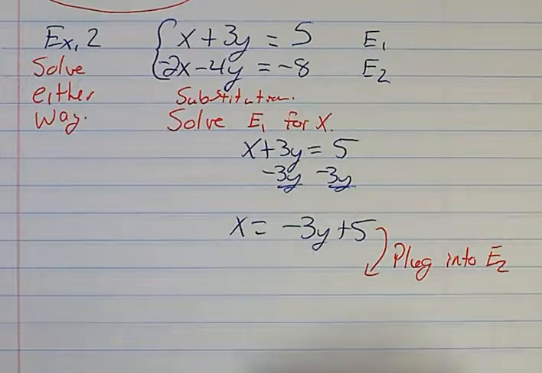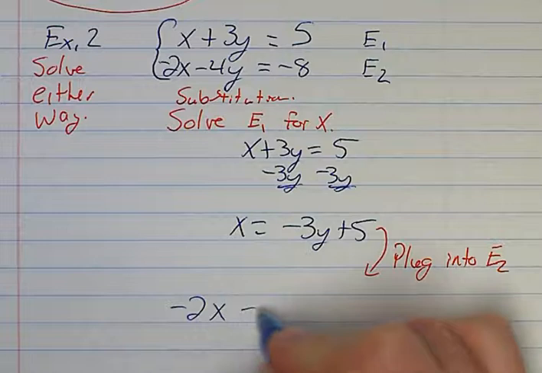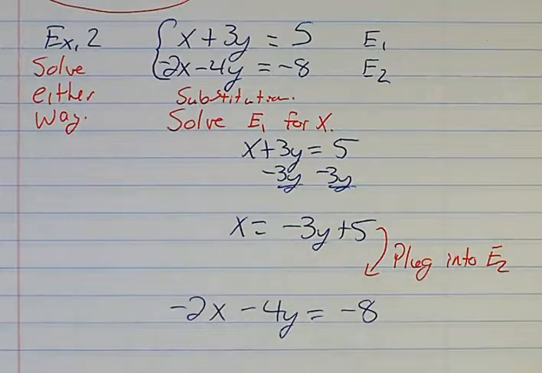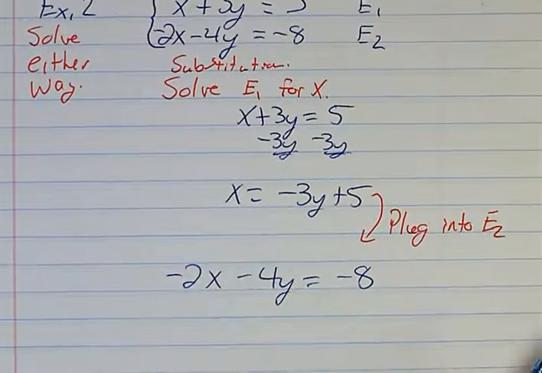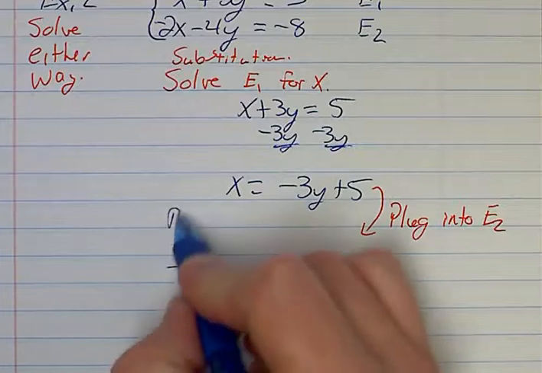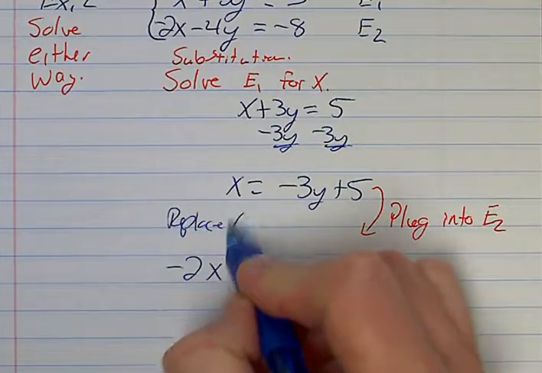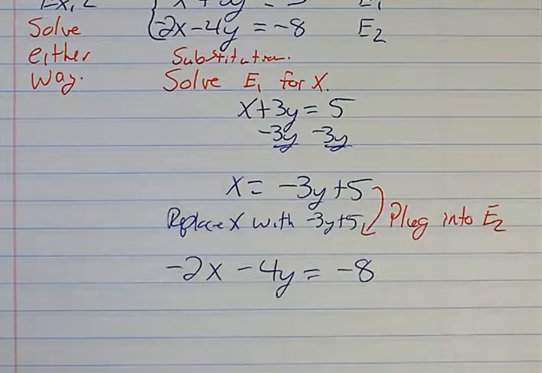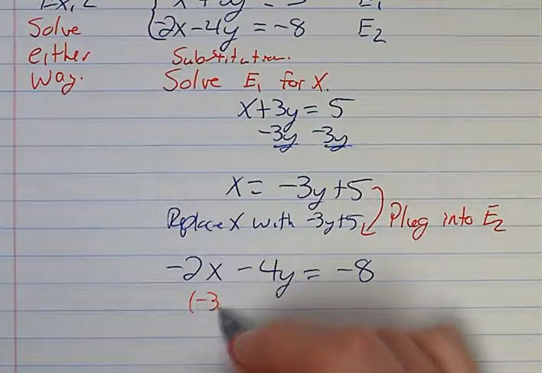Since this came out of equation 1, we've got to plug this into equation 2. So in equation 2, we've got to write it down. Now you're going to take out x and replace it with negative 3y plus 5.